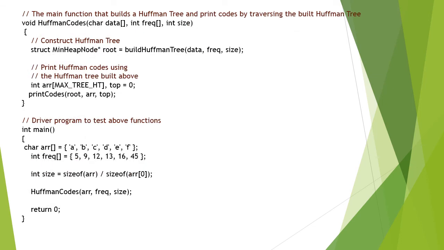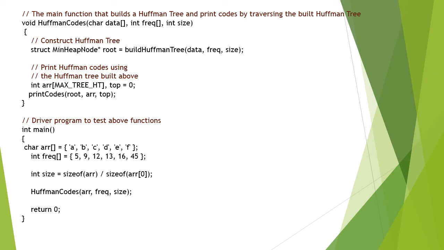After printing the Huffman codes, the Huffman tree is built perfectly, and in the main program we are going to pass the inputs. These are the raw data which we are going to pass. We are not taking the input at that particular instance; we are giving the input through the program.